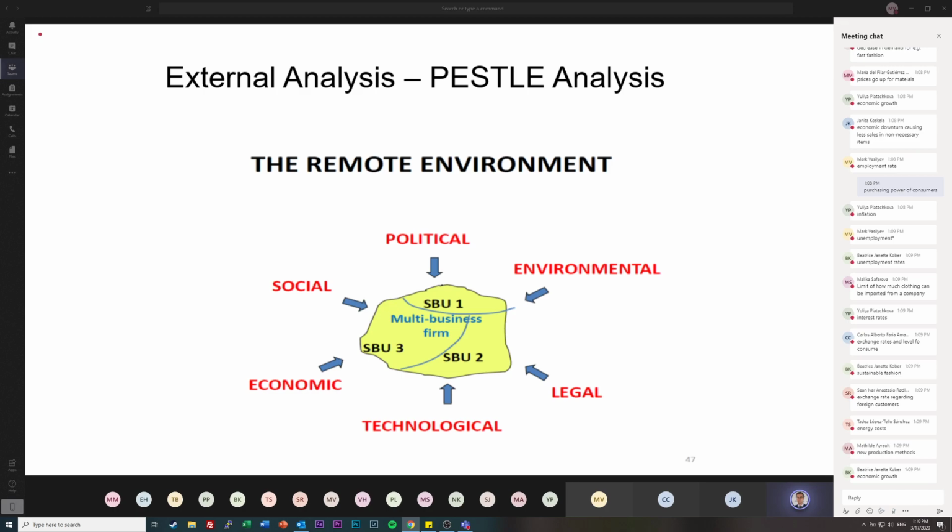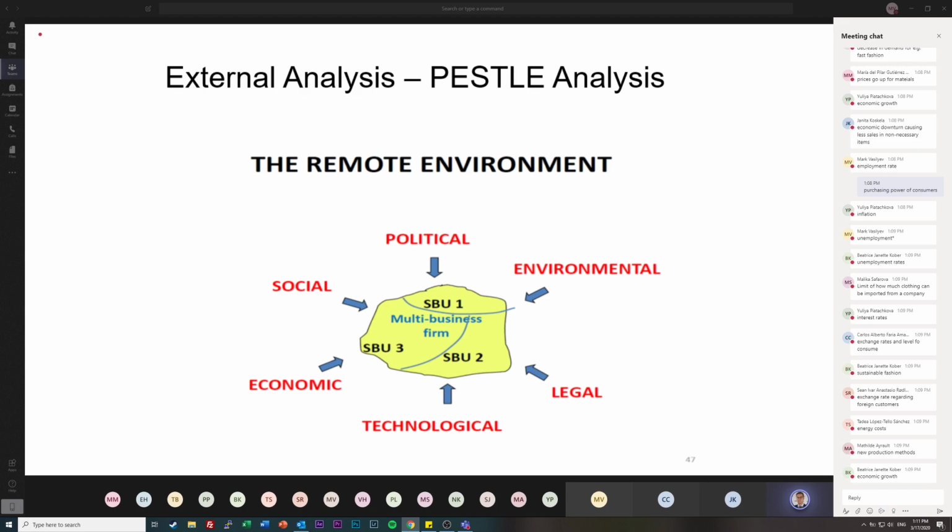So if we are speaking about social factors, can we apply them, for instance, to the external analysis of theaters and cinemas?